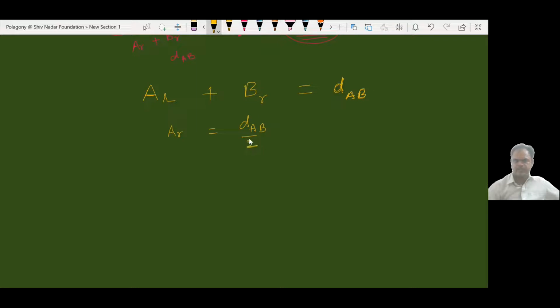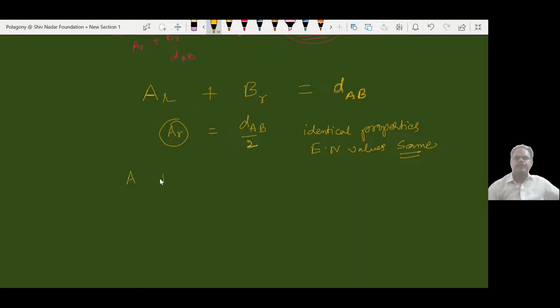If you take the average of this bond length, we can get the radius of a single atom if both atoms have identical properties, whose electronegativity values are the same. Then we must do the average, and we can get the radius of the single atom.